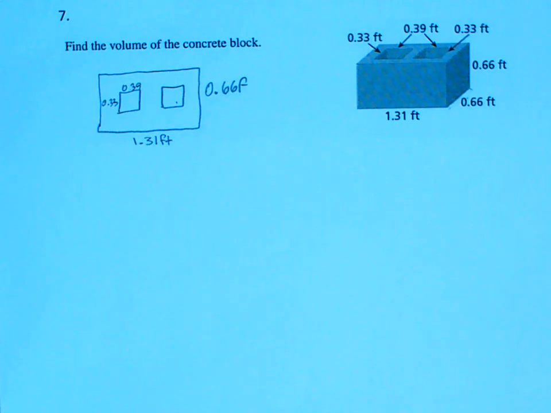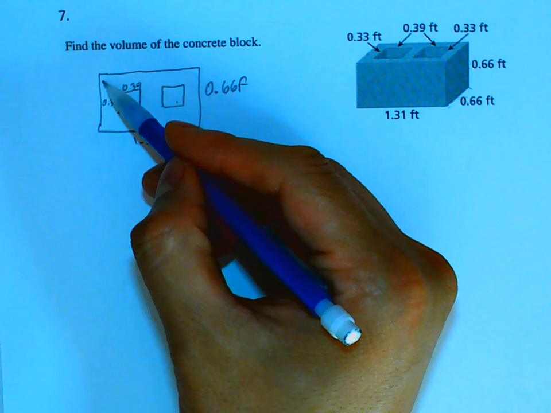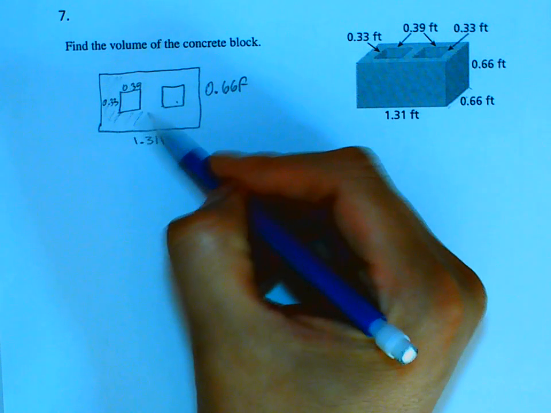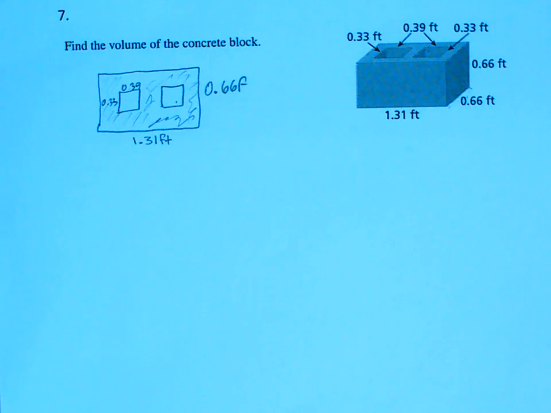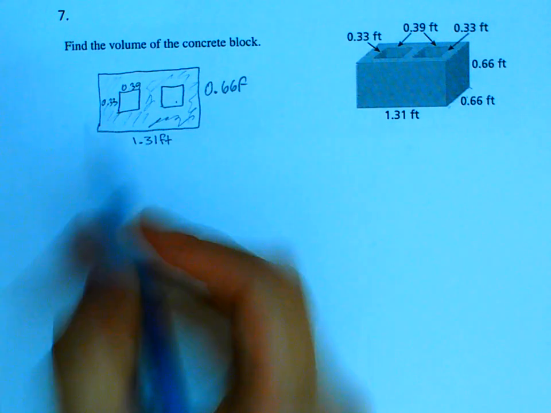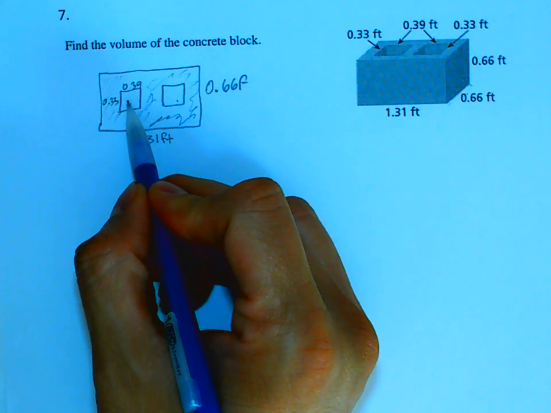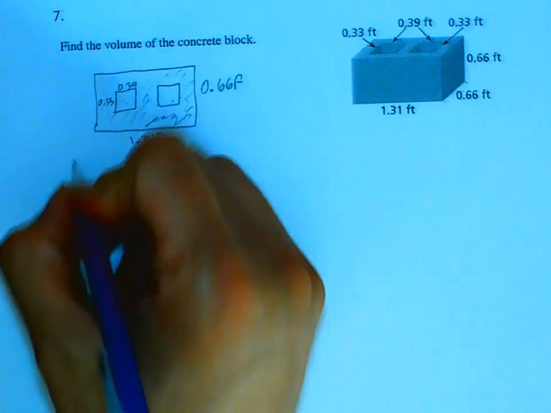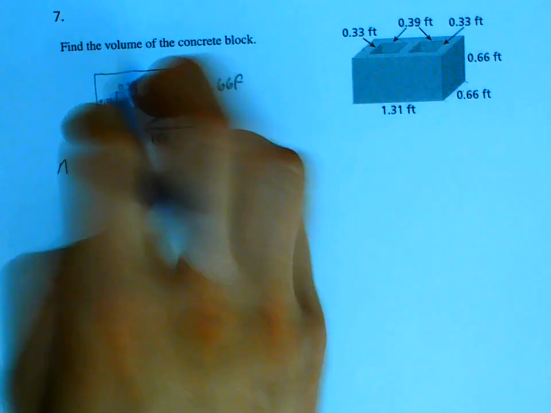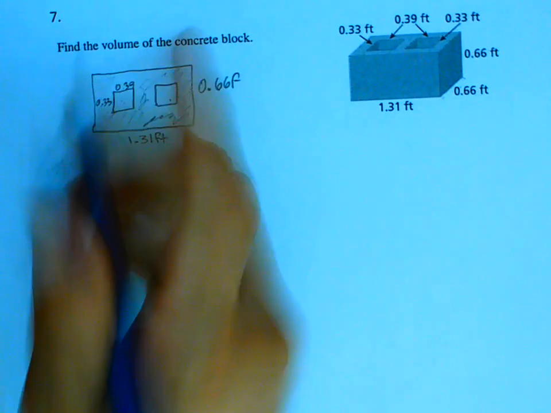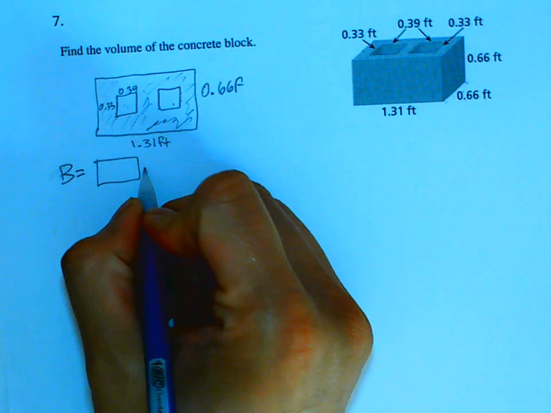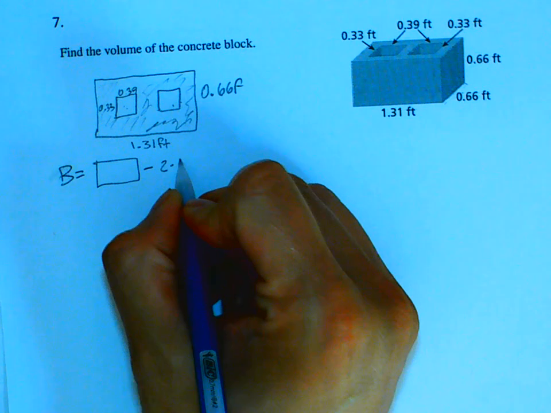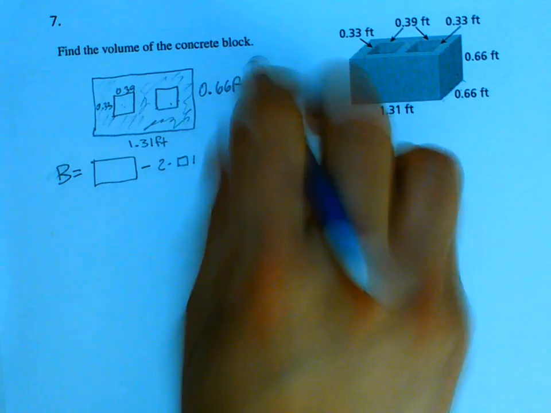So what we need to do is find the area of this figure right here. To figure out that area, we have to figure out the area of the rectangle and then subtract the area of 2 of these. So the area of the bottom is going to be the area of the rectangle minus 2 times the area of the small rectangles.